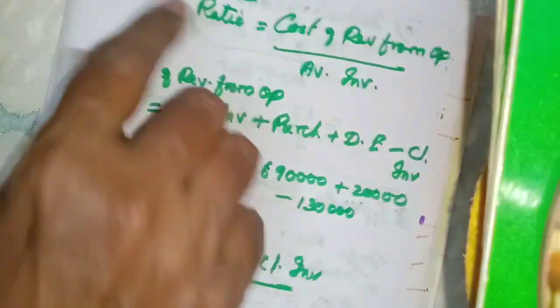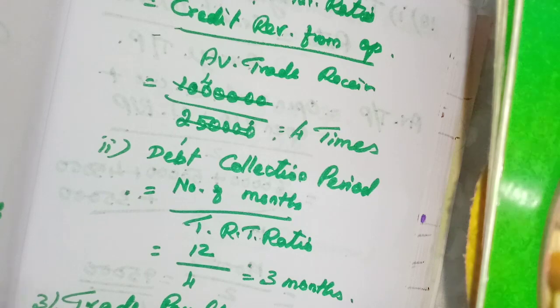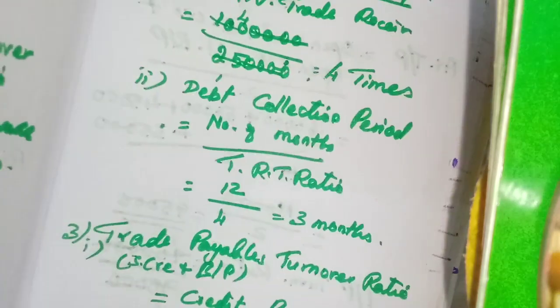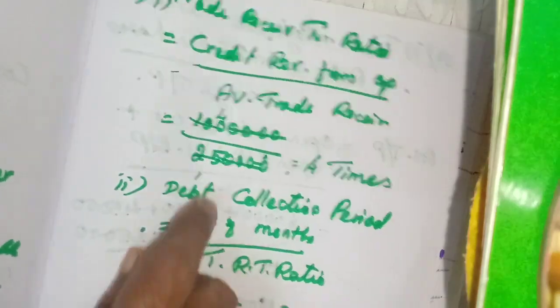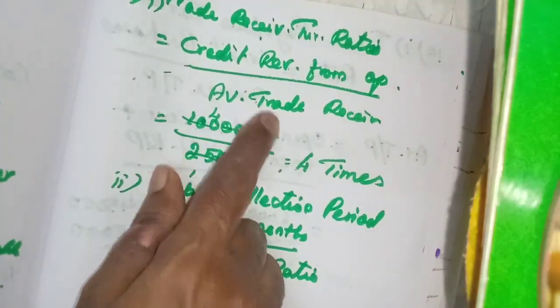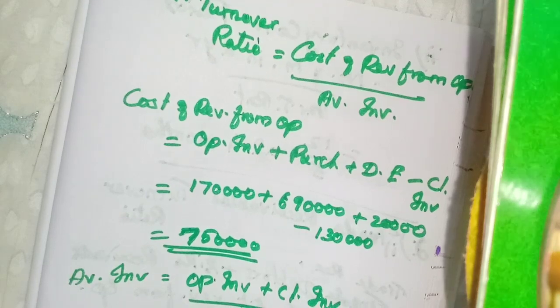In the second one, what is coming down? Trade receivables, we are writing the average trade receivables down. In the same way, for all the ratios, the first word, that down we are writing the average.